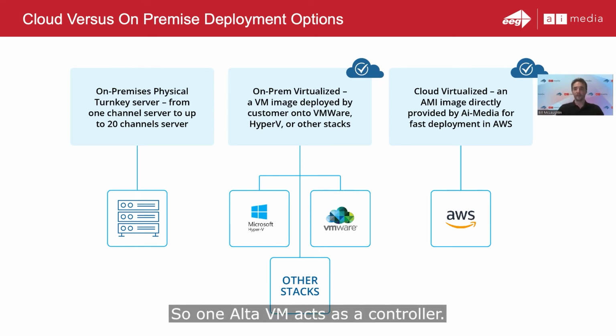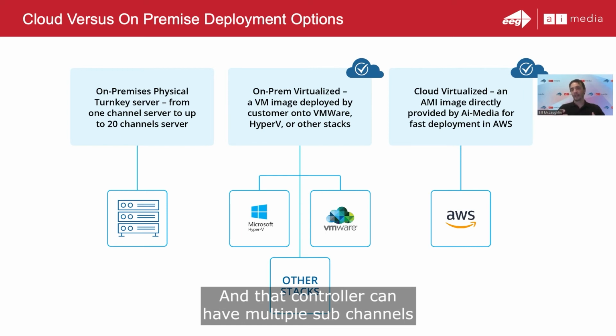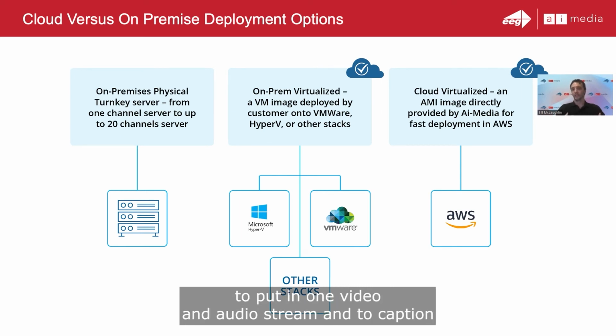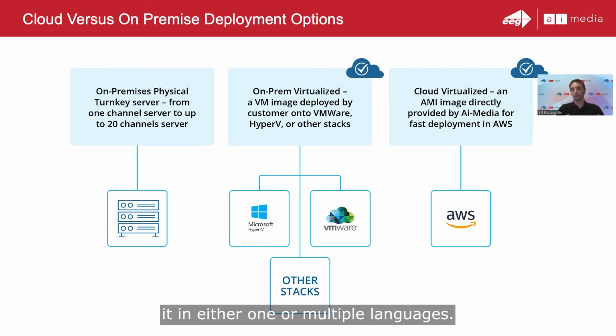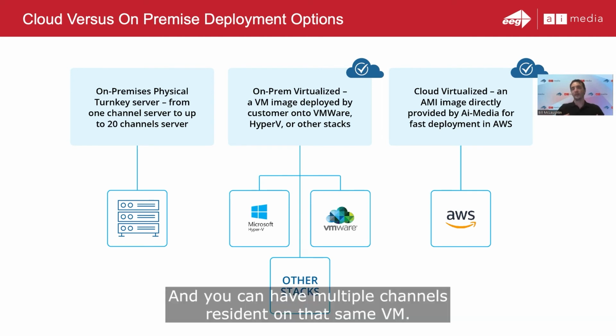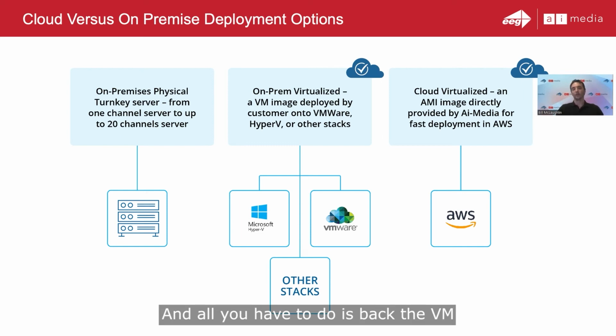So one Alta VM acts as a controller, and that controller can have multiple sub-channels in it, where each channel would reflect the ability to put in one video and audio stream, and to caption it in either one or multiple languages. And you can have multiple channels resident on that same VM. All you have to do is back the VM with an adequate amount of CPU cores, RAM, and networking to support the amount of channels that you want to run.